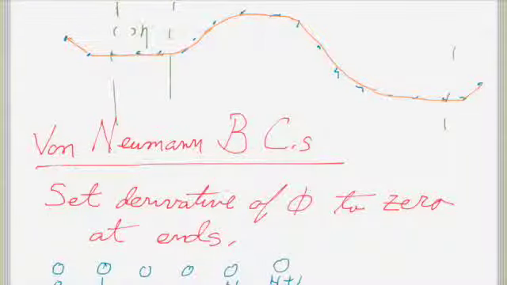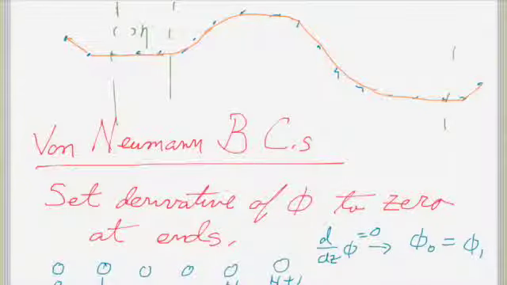And our derivative, d/dz, if that's 0, that means that phi 0 equals phi 1. When I take the difference, I get 0. I get a finite difference. It just means the difference is 0. So I just set phi 0 equal to phi 1.